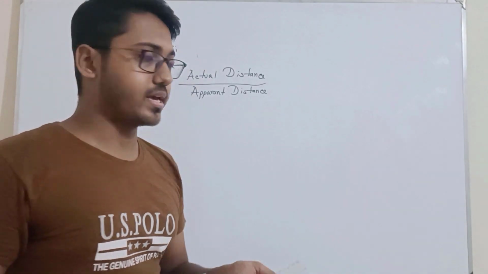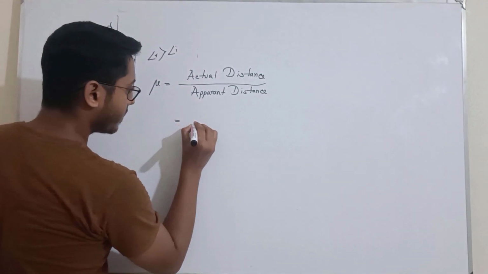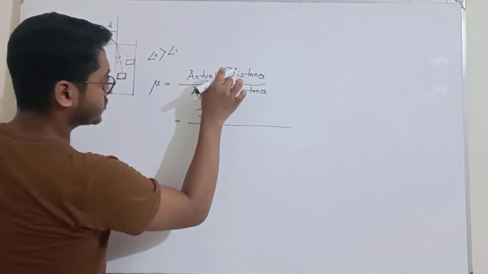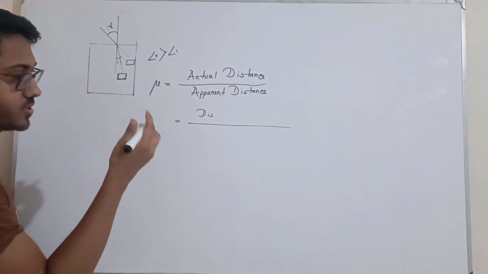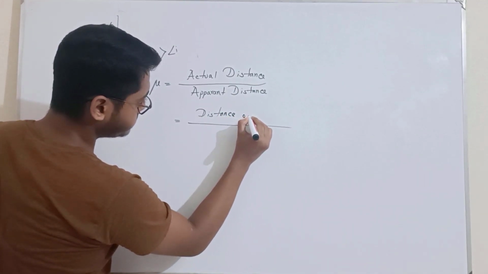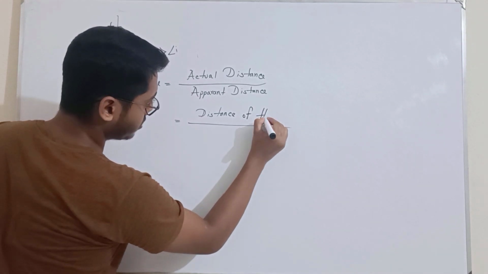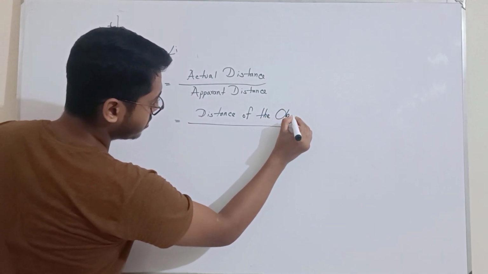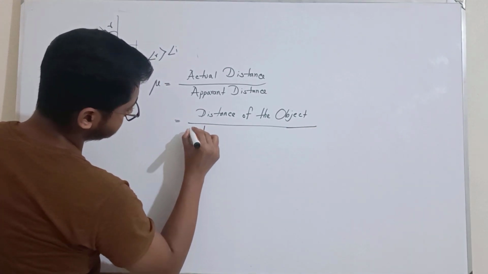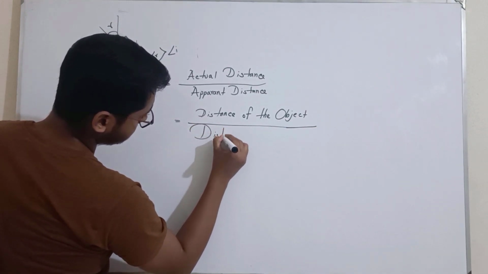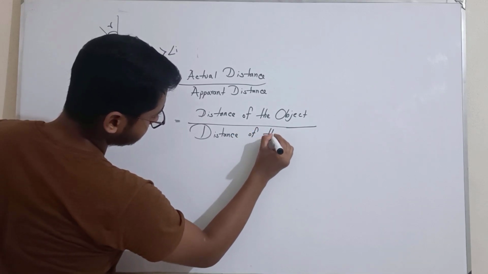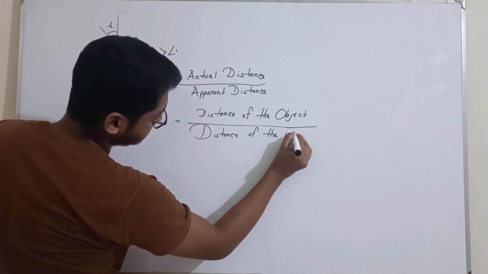Or we can also say, the actual distance was the distance of the object, so the distance of the object by the distance of the image.